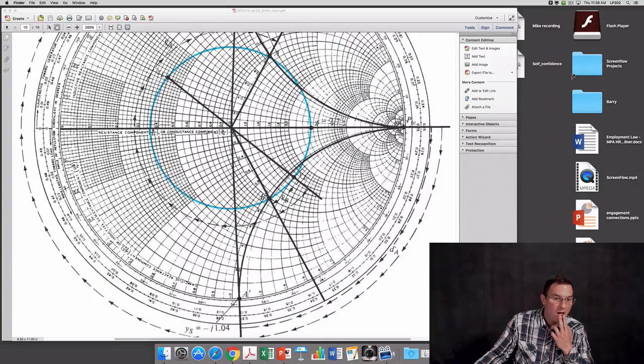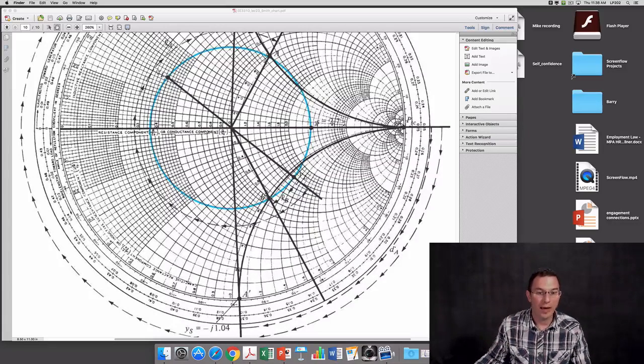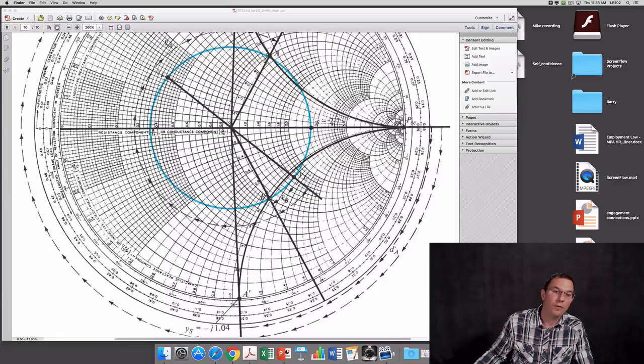All right. So what we need to do is add an admittance that will cancel out the admittance at point B. So if we're at point B here, we're going to have to add a normalized admittance of J 1.04. When you do that, you will move along the G equals 1 circle right there down to the origin.